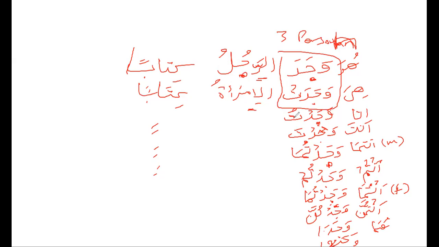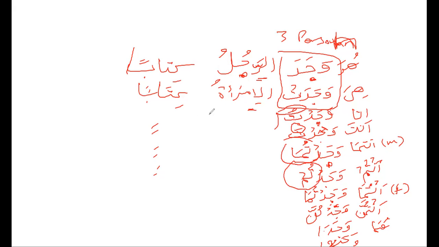So here, wajadtu, where's the subject? The tu, which means I, ana. Wajadta, it has a subject: the ta with a fatha is the subject, which means anta, you. Wajadtuma, you two, this is the subject. Wajadtum, here is the subject.